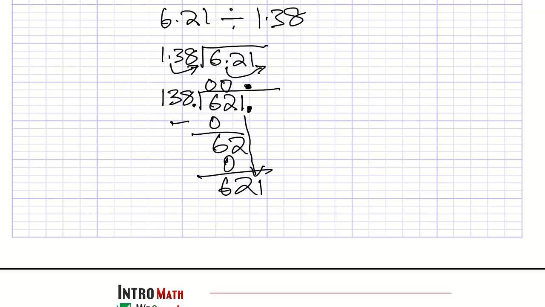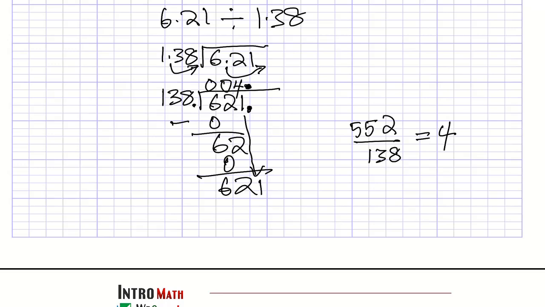Okay, so if we divide 621 by 138, it can only divide 552. Okay, you divide 552, we get 4. We divide it 4 times. So you put the 4 on top of 1 right here.